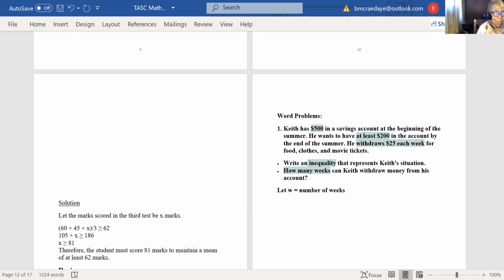Now, Vanessa, what would the inequality look like? You're starting with $500. You want at least 200, that means greater than or equal to 200 in the account by the end of the summer. And you're taking out $25 each week for expenses. So just tell me what your inequality would look like.